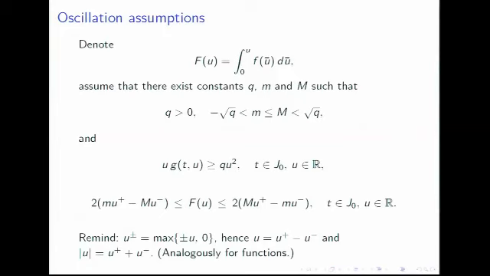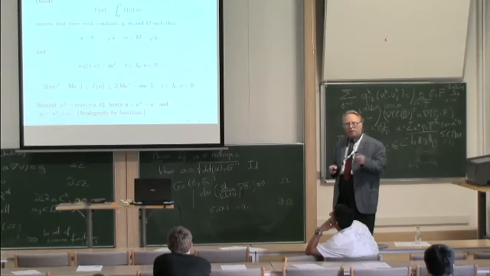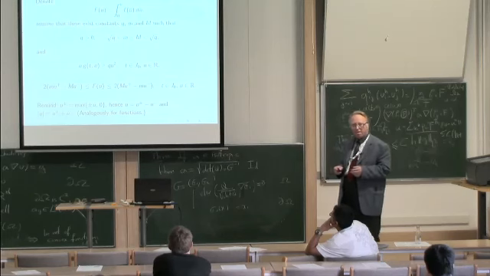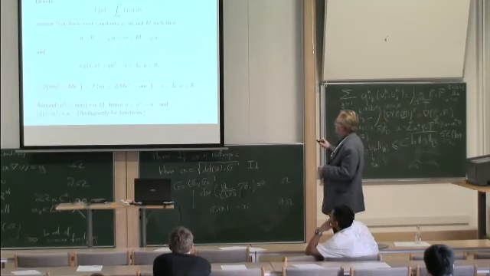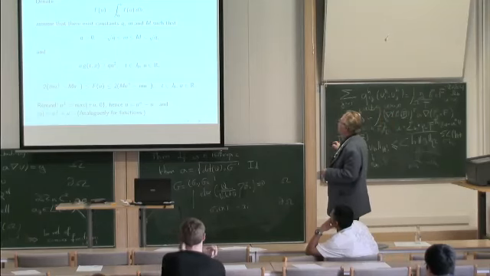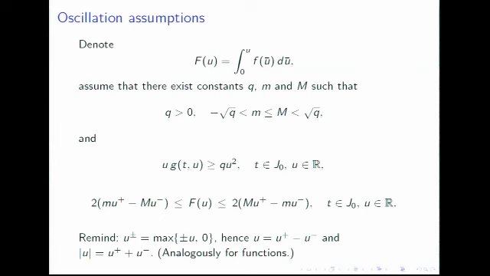Oscillation assumptions. Let us denote the antiderivative of the function f by capital F. And assume that there exist constants q, m, and capital M such that q is greater than 0 and this system of inequalities holds.